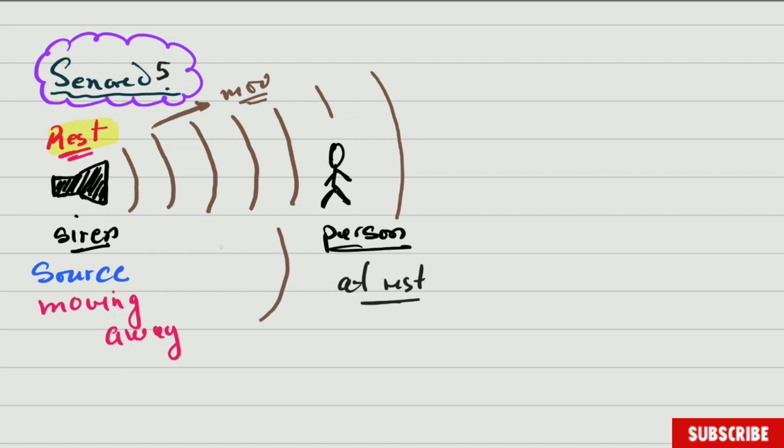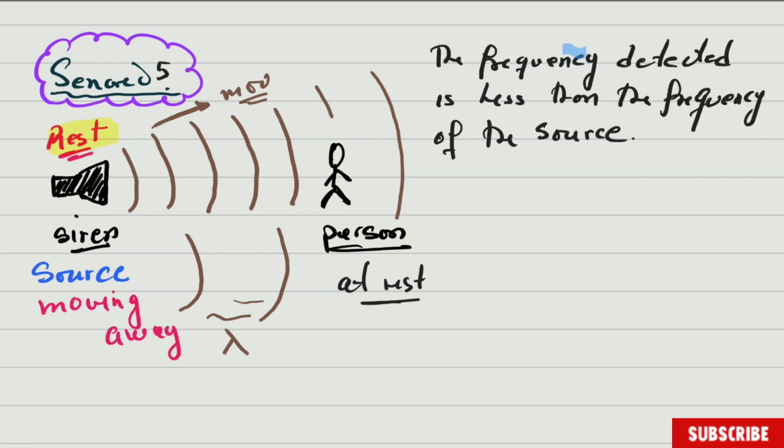For example, it's moving and then it produces another one, and the wavelength of the wave becomes longer, and therefore, the frequency detected by this person will be less. So in this case, the frequency detected is also going to be less than the frequency produced by the source, because the source is now making the wavelengths longer.